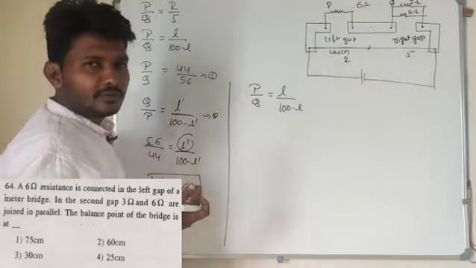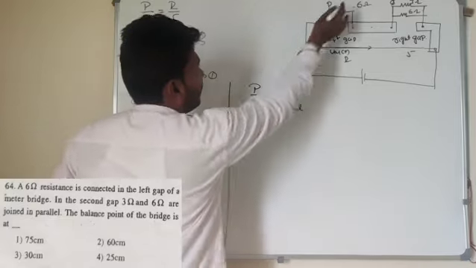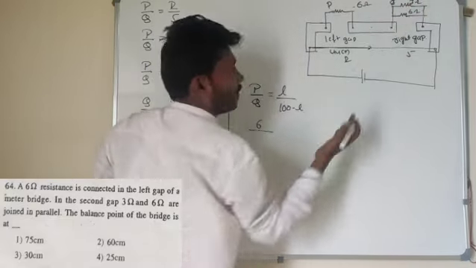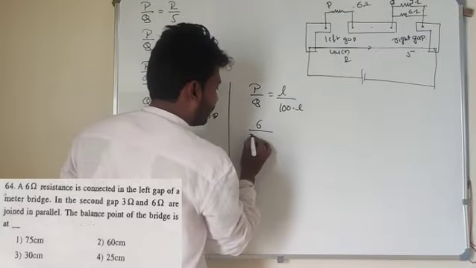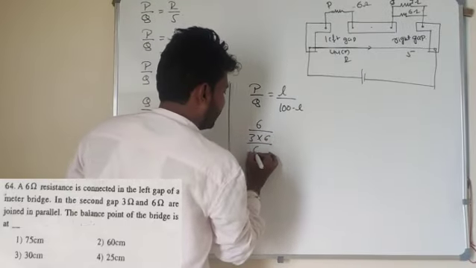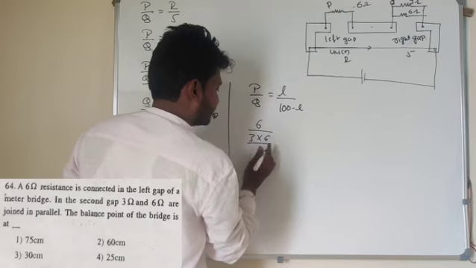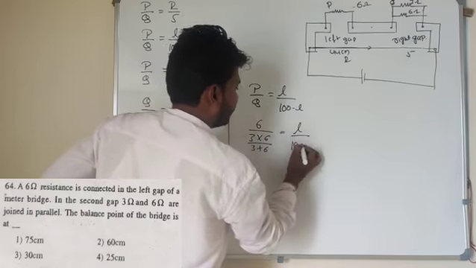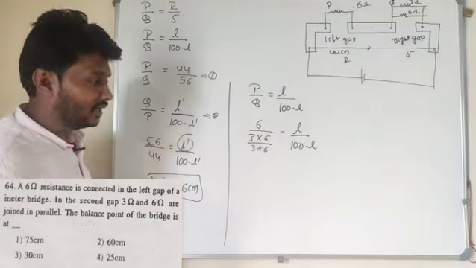Look at here. P by Q is equal to R by S. Here P value is how much? 6 ohm. Q value is 3 ohm and 6 ohm in parallel combination, 3 into 6 divided by 3 plus 6. It is equal to L divided by 100 minus of L here.